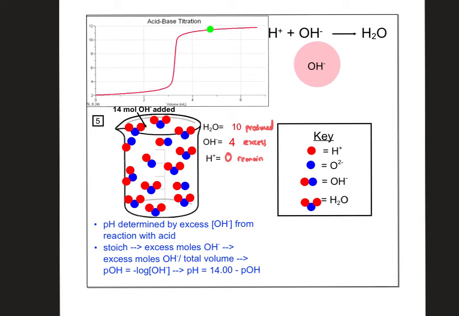Now I have my concentration of OH, so I can find the pOH, which is the negative log of OH, and then to find pH from that, I take 14 minus the pOH. This is just like my pH square. Once I have the concentration of hydroxide, we're just going whichever direction you prefer to get to pH. So in your diagram, this should be number 5, and you can fill out this drawing and the boxes below the beaker.